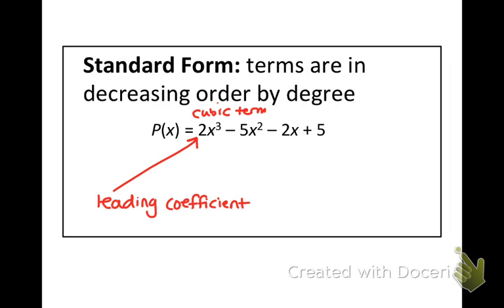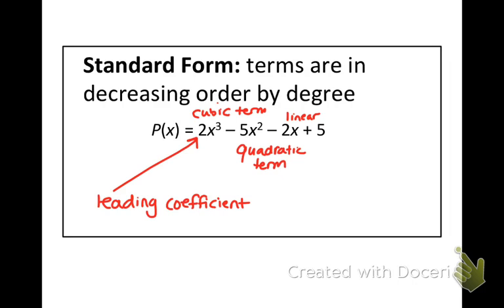This monomial has a degree of what? 2. So that would be what type of term? Quadratic. This would be a quadratic term. This 2 has a 1 for the degree, so that would be a linear term.